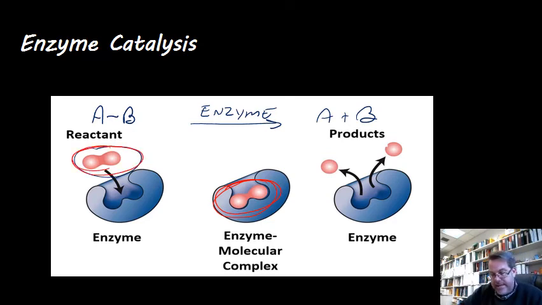And so the rate is determined basically just on how quickly an enzyme molecule can perform this process, and then once it performs the process, it has an empty site and it can accept a new reactant molecule. So the rate depends just on the concentration of that enzyme and how quickly it can turn over this reaction.